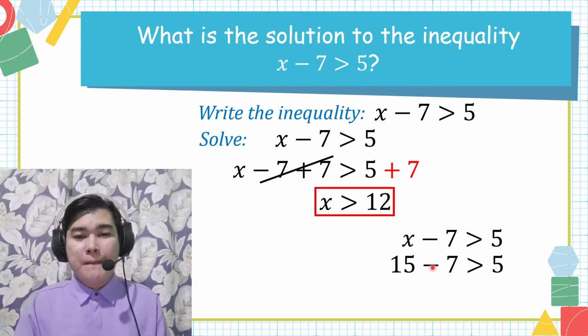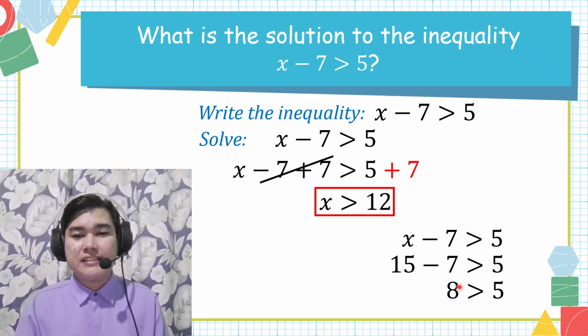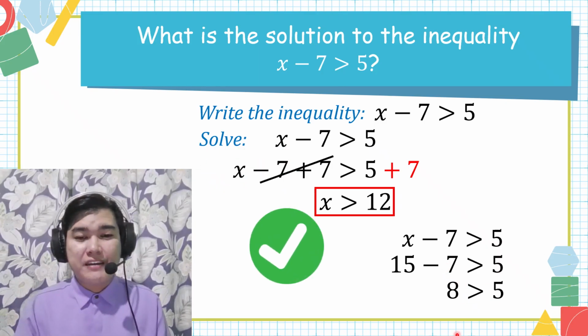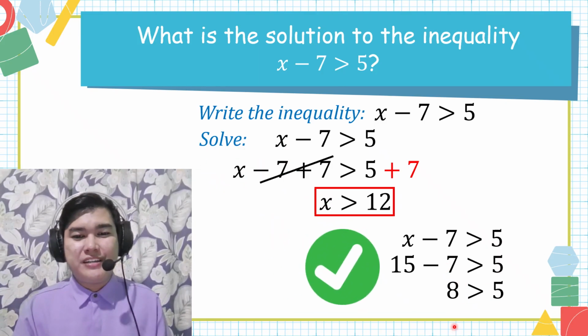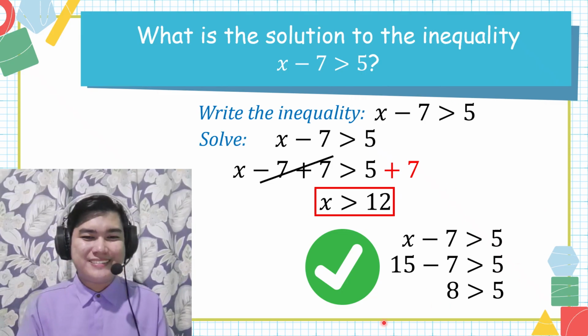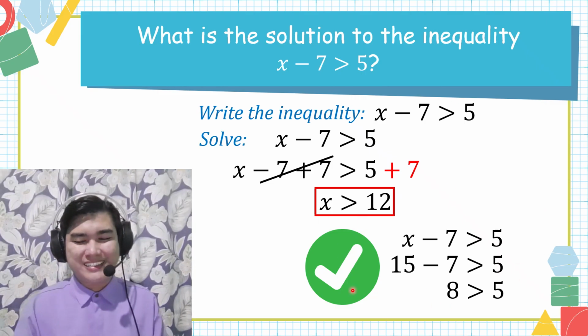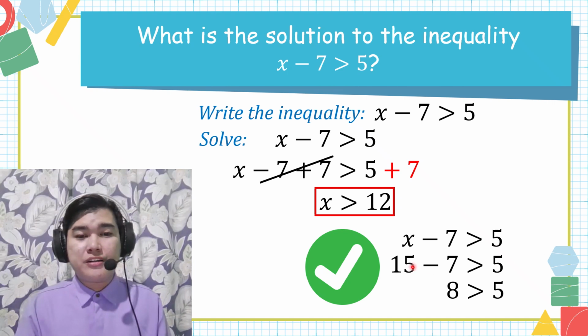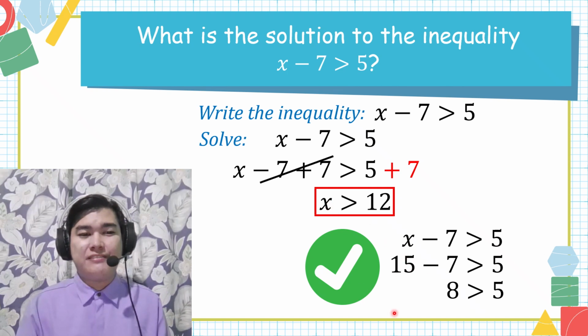So 15 minus 7 is greater than 5. 15 minus 7 is 8, and 8 is greater than 5. So therefore, it is true and it satisfies the given inequality. Our answer is correct. You may also use other value of x as long as x is greater than 12.